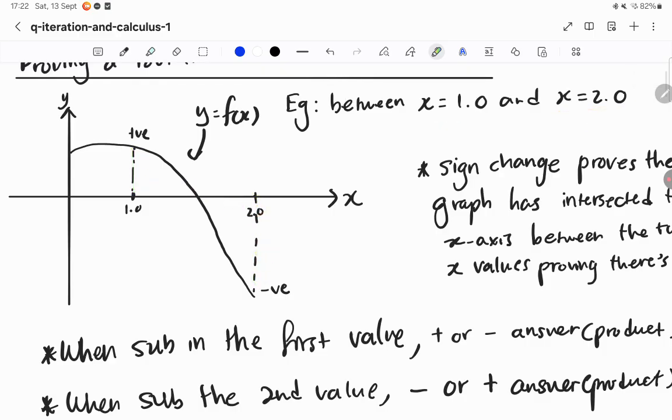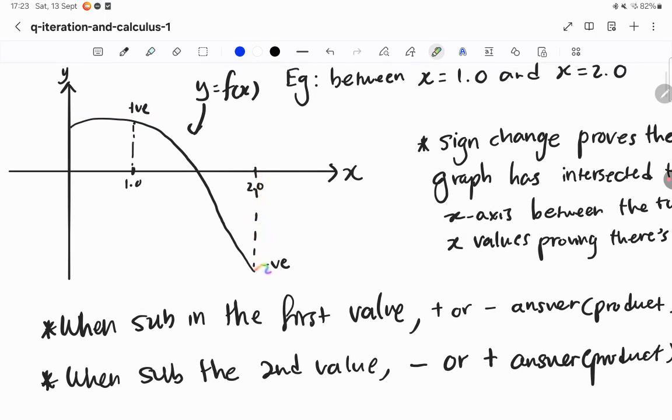If you can see here, x equals 1 gives us a positive y value. However, at x equals 2.0, it gives us a negative y value.